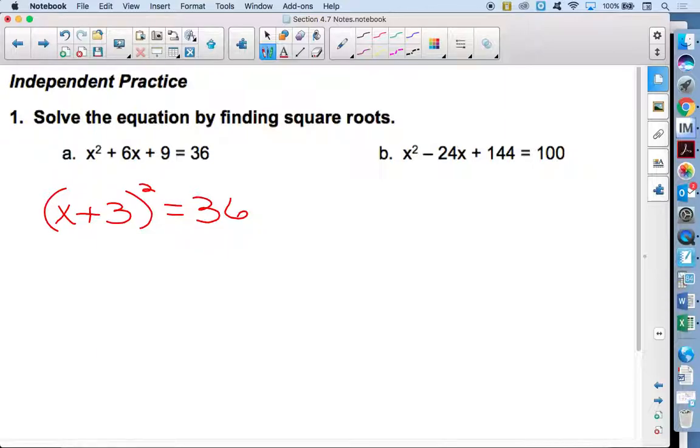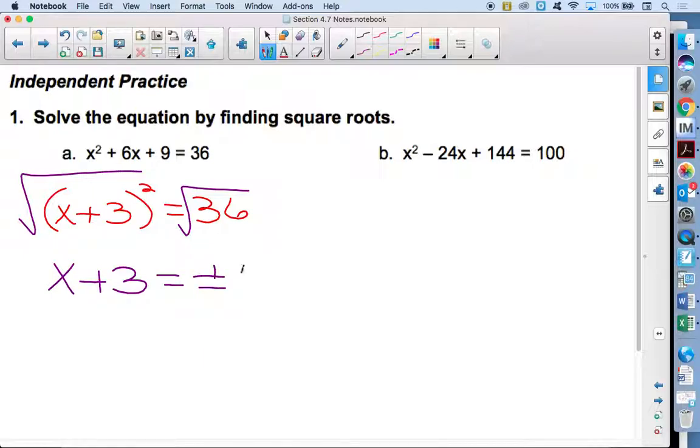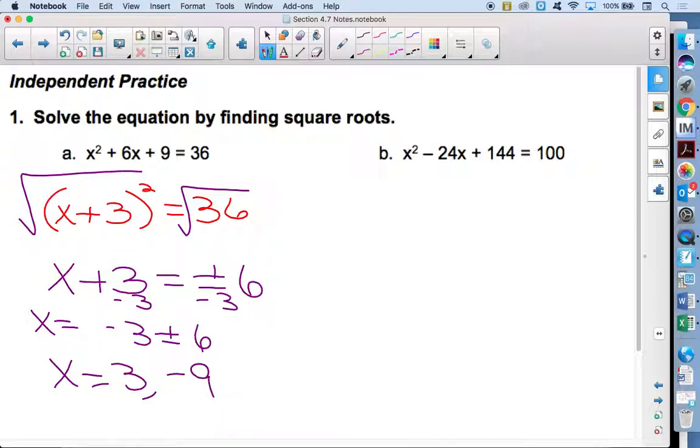And then to solve it by finding square roots, in order to get rid of the term that's squared, we're taking the square root of both sides. The square root of 36 is 6, and we're putting a plus or a minus in front of that. So if I subtract 3, we have negative 3 plus or minus 6. So Ryan, negative 3 plus 6 is? 3. And negative 3 minus 6? Negative 9. Awesome. So two answers are 3 and negative 9.